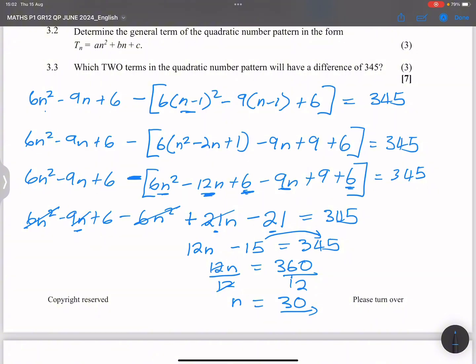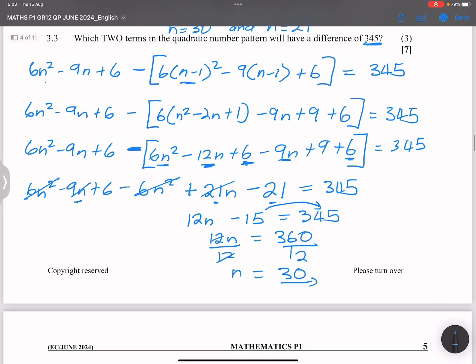So that will be n is equal to 30, as well as the term before that, n minus 1, that will be n is equal to 29. So those are the two terms that will give you a difference of 345. And ladies and gents, that is how the cookie crumbles. Let's go to the next question.